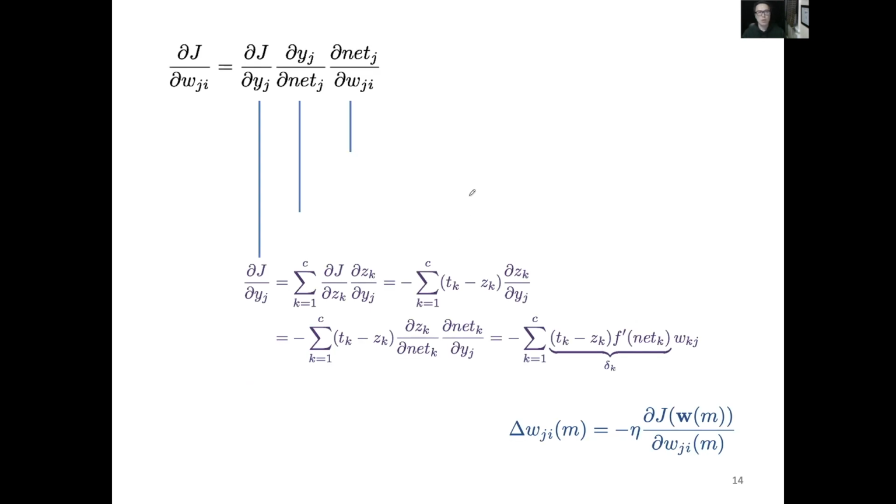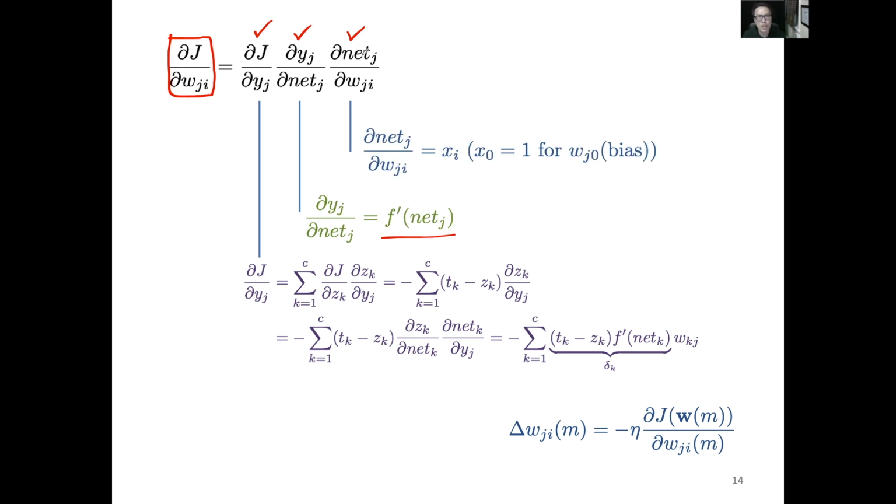Now, in the previous 3 slides, our objective is to find the change of J with respect to the connection weight wji. We are going to find that term by term, yeah? So we break it down into these 3 terms. Now we have this result, and in the previous slide, we already found out that partial yj, partial net j, that is the derivative of f. And then the next term, partial net j, partial wji, that is xi.